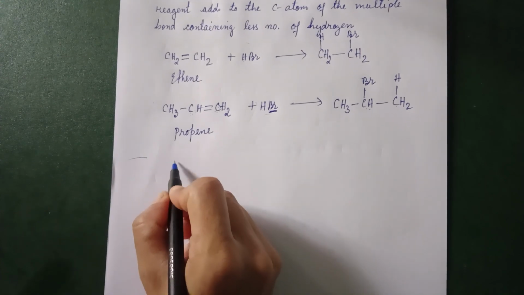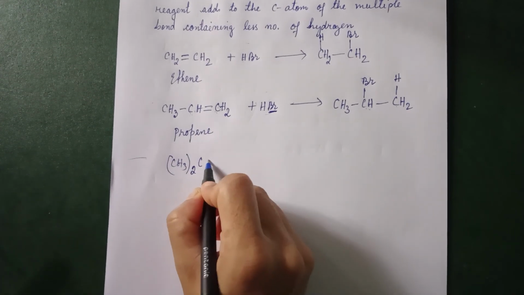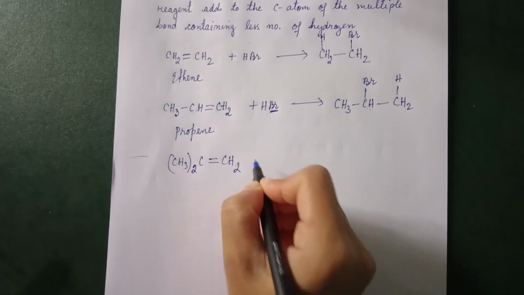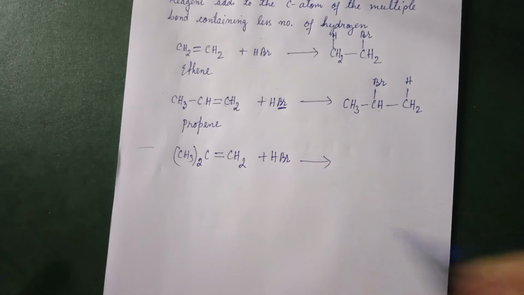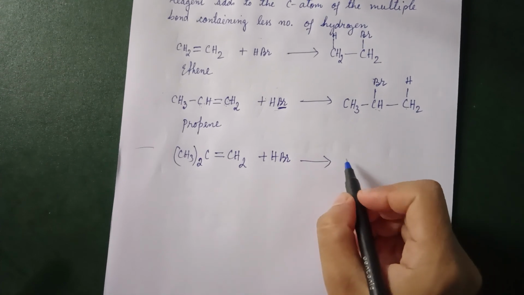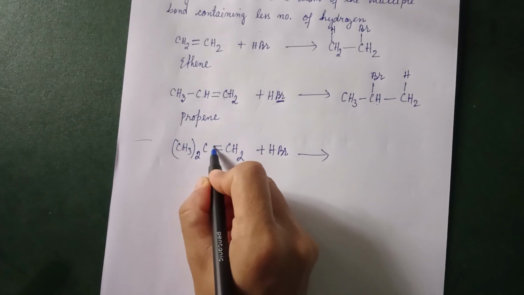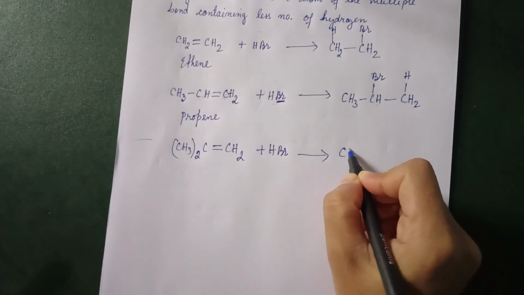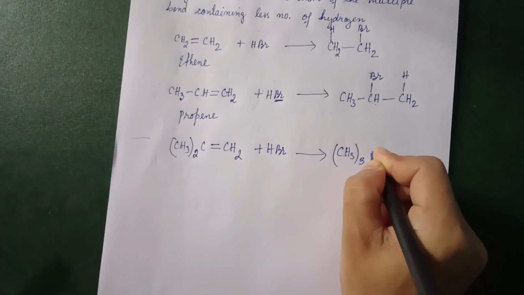Now let me take another example. CH3 twice C, same, HBr. I think now you can give your product. What I told is, whenever there is a multiple bond, change it into a single bond. Do not disturb the structure here, whatever is there, CH3 thrice.